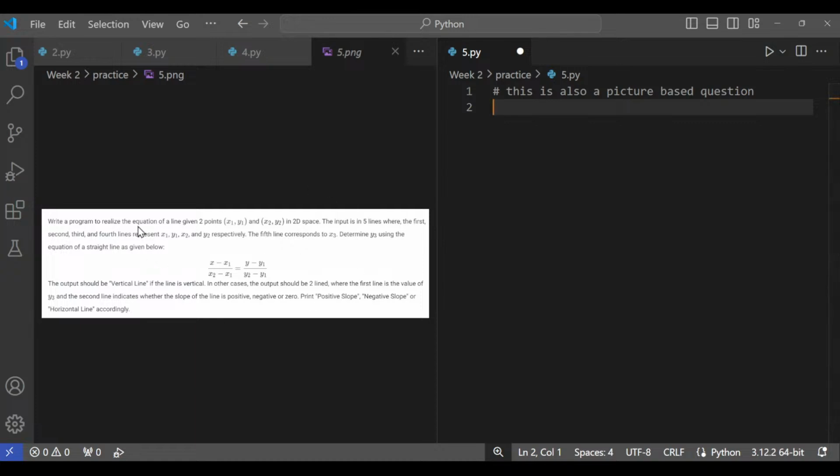Okay, so, realize the equation of 2 points. The input is 5 lines, where the first, second, third, fourth lines represent x1, y1.